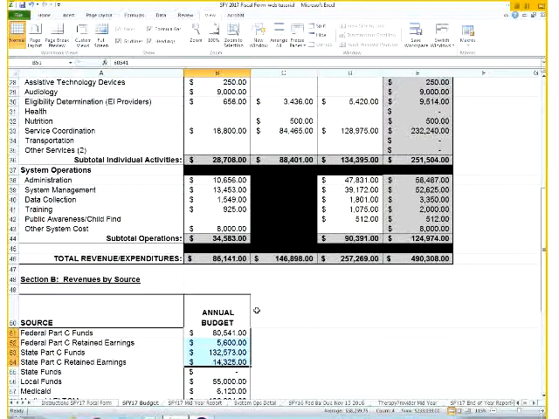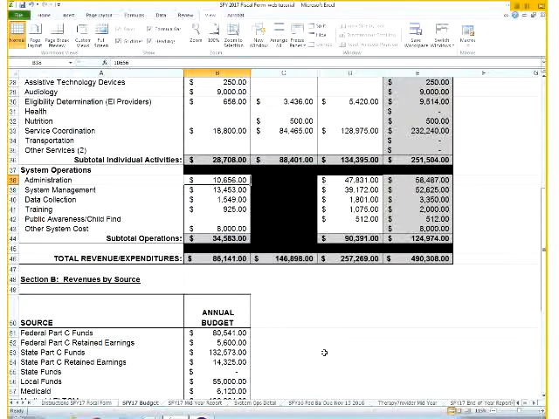However, that 5% has to come entirely from your federal funds. So 5% of your total allocation of Part C, state and federal funds can be allocated to administration, but that full 5% must be expended from your federal Part C revenue.